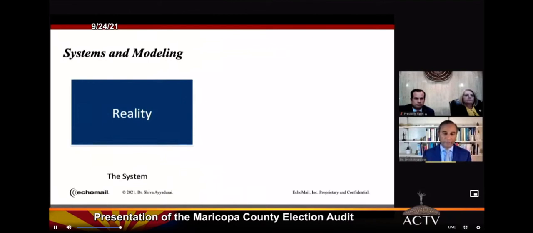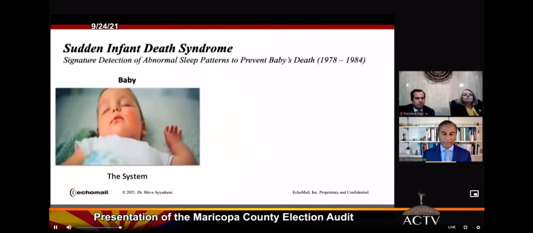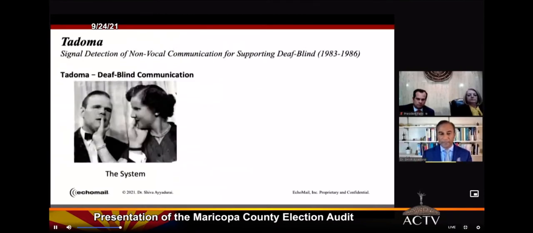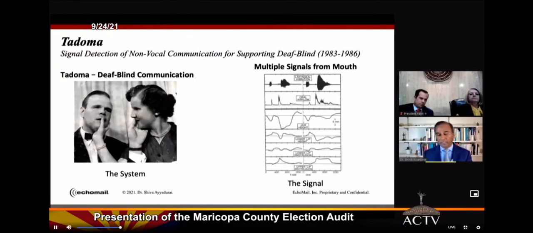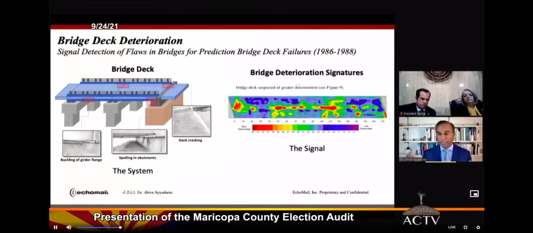In this case, we're looking at the election voting early voting ballot system, and then you try to model it. That's typically what scientists and engineers do. For example, for many years, I looked at how babies were processing sleep and trying to understand their system by looking at sleep patterns. Same in the area of deaf-blind communications. Again, you have the reality, you have signals. Same in the area of looking at a bridge, and you get signals from it.